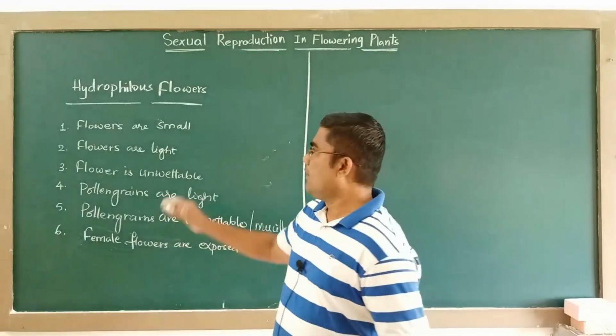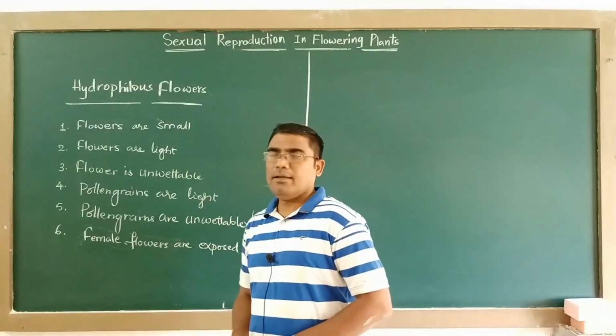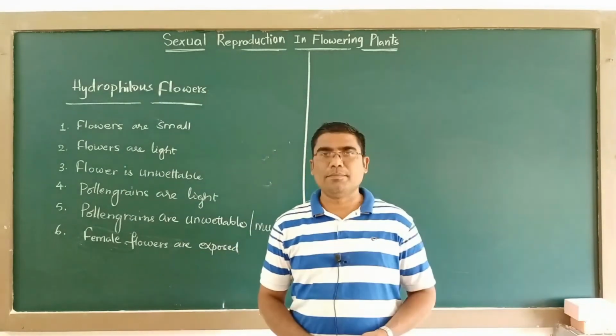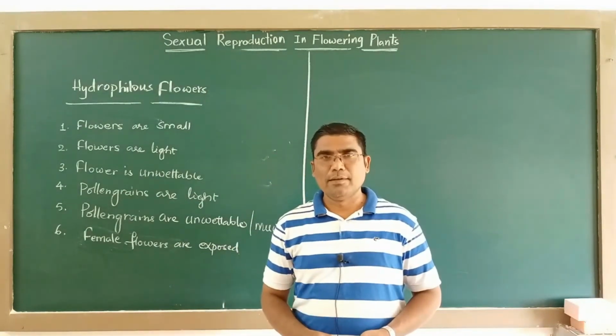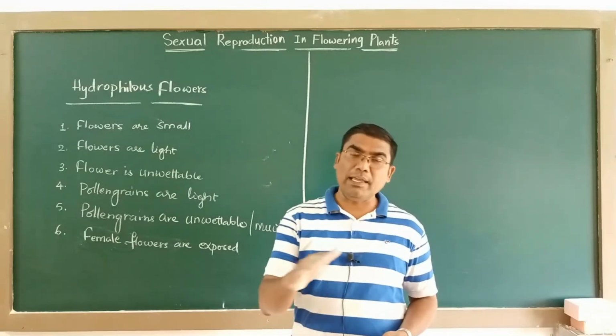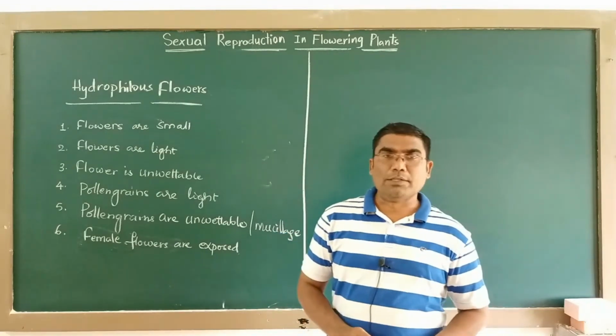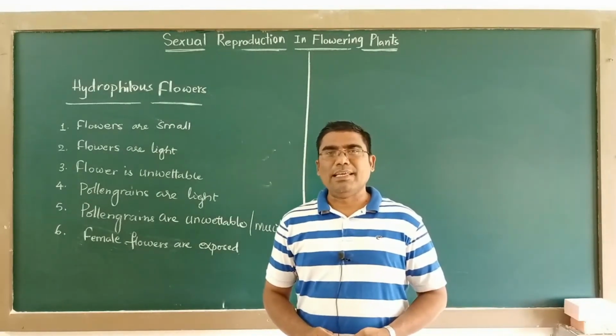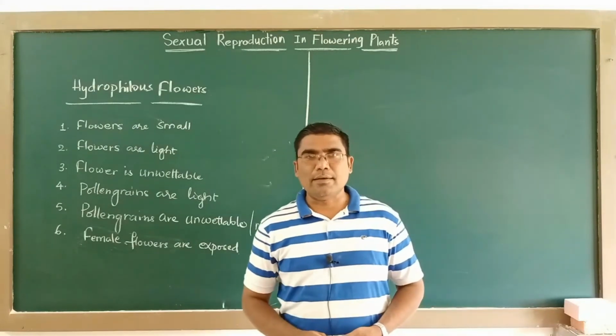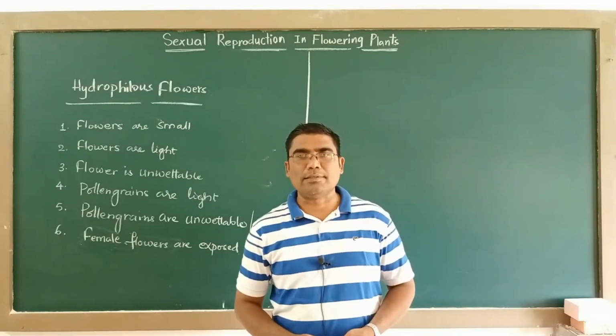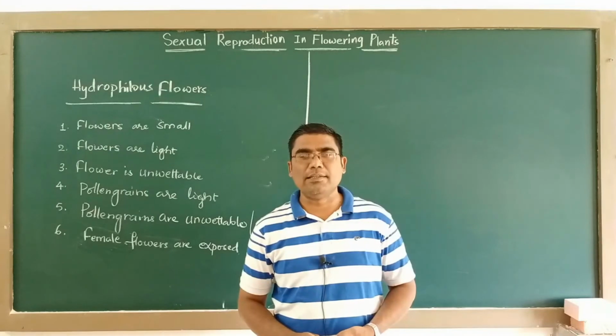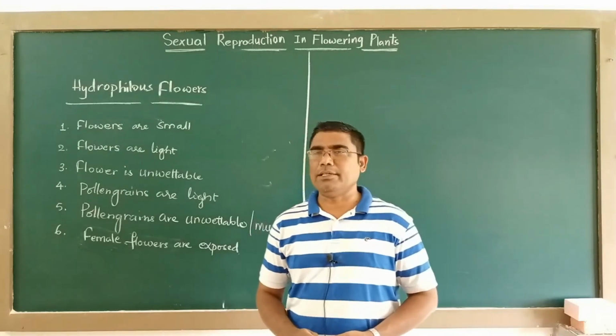Second, flowers are light in weight. Due to their light weight, hydrophilous flowers very easily float in water and easily withstand water currents. Because of this reason, they have a lightweight nature.